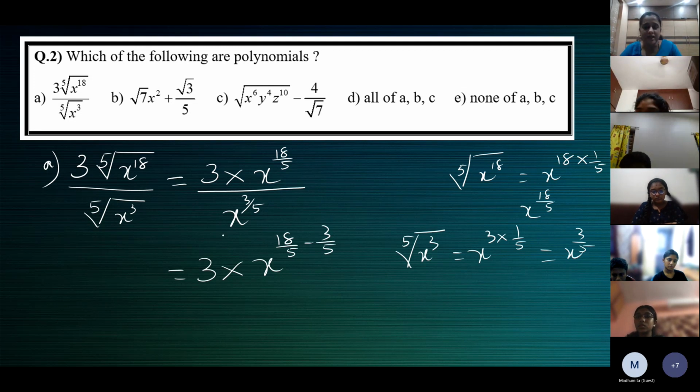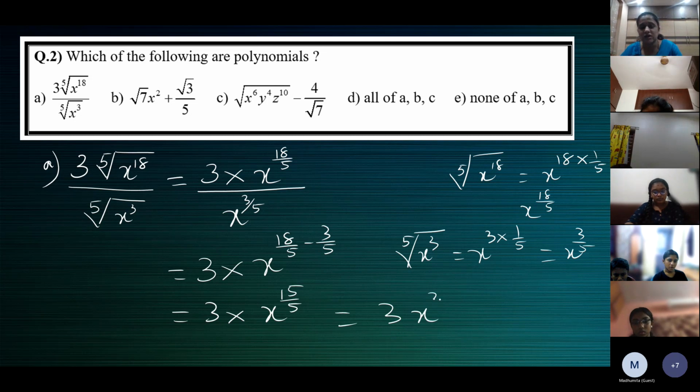So 3 into x to the power 15 by 5, since 18 minus 3 is 15. 15 by 5 is 3. So the expression in A simplifies to 3x cubed. Is it a polynomial or not?